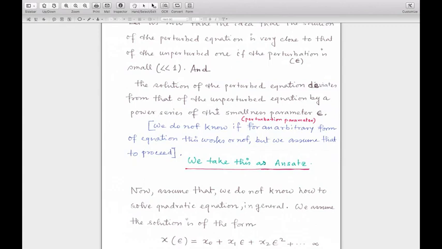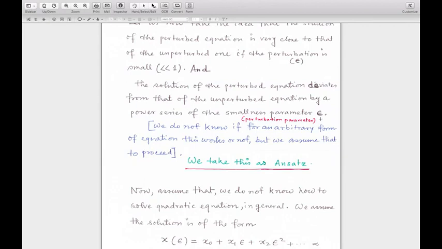So just keep it in mind that the solution of the perturbed version just deviates from that of the unperturbed version by a power series of the smallness parameter epsilon. You have to keep in mind that it should start from epsilon to the power 1, because the zeroth order solution is already the unperturbed one.